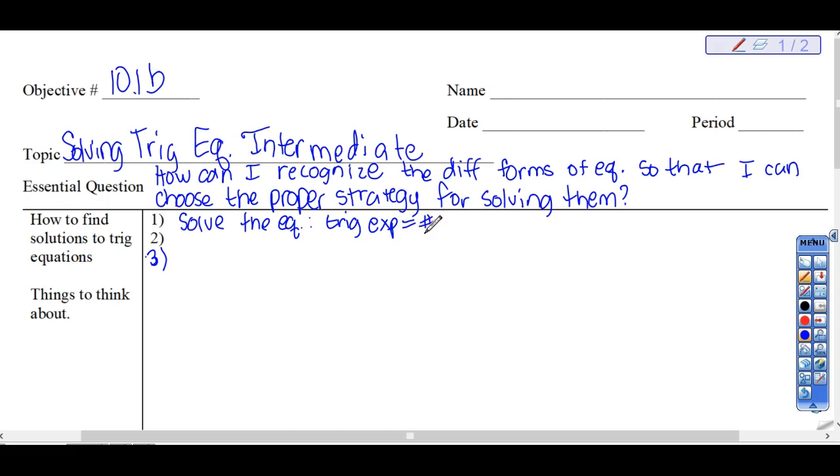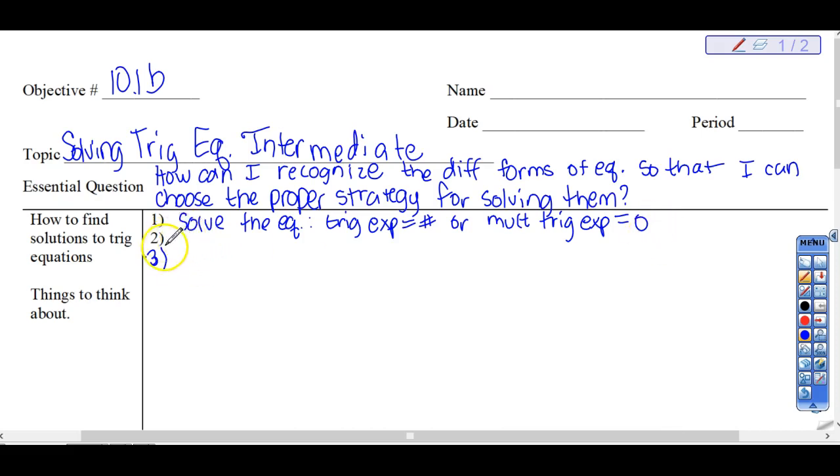But today's problems are a little more complex, so it's quite possible that you will have multiple trig expressions, and you'll probably want those to equal 0. And then you'll have to use your algebra skills to find the zeros. So that is step 1. You want to get it so it says sine of theta equals half, or sine of theta times cosine of theta equals 0. Something like that.